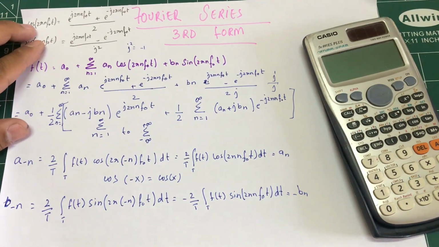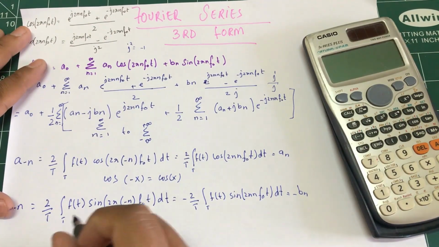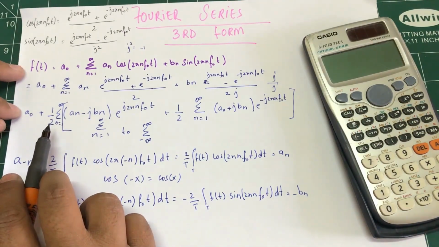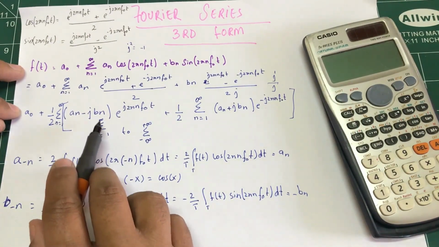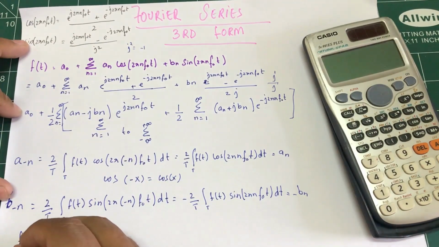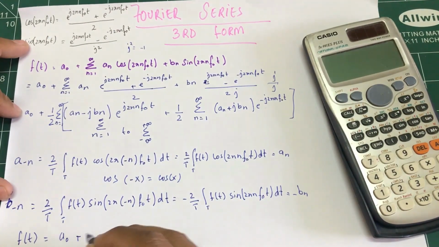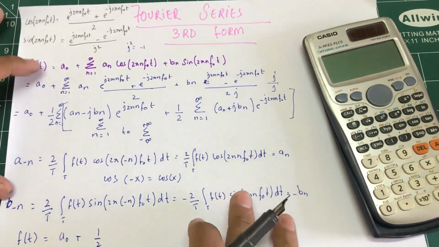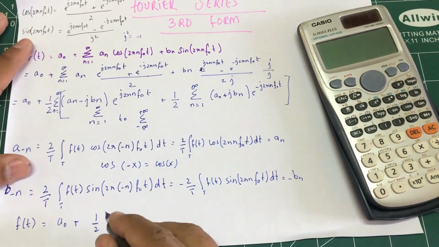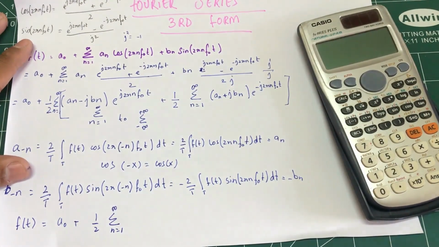Okay, so now this is how our format is going to be. This will change into this. So this top thing that we looked at, which was actually going from 1 to positive infinity, has changed now. The new format is going to be a naught plus 1 half summation n goes from 1 to positive infinity.